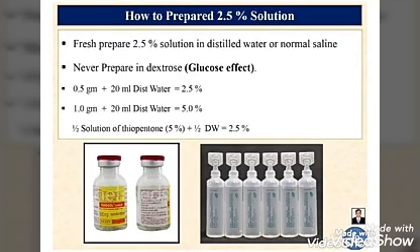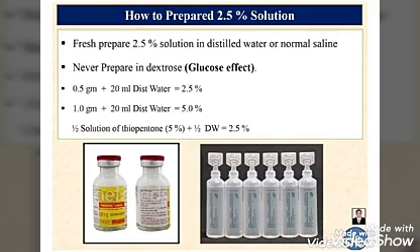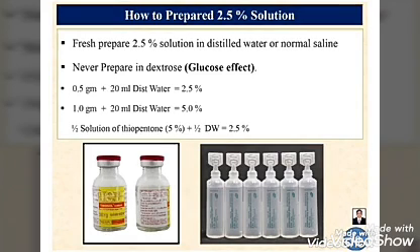Then how do we prepare this 2.5% solution? Two vials, 0.5 and 1 gram, are available in the market. Suppose you want to prepare the 2.5% solution from the 0.5 gram vial. What is the meaning of a 2.5% solution?